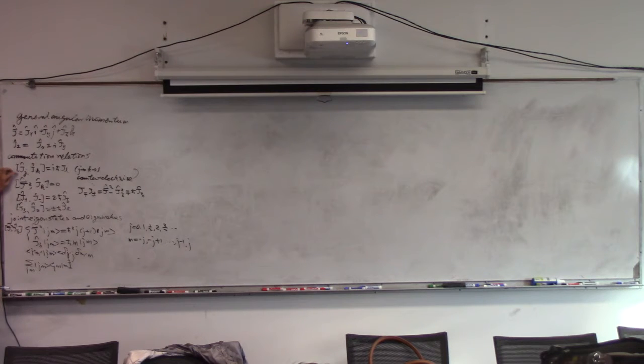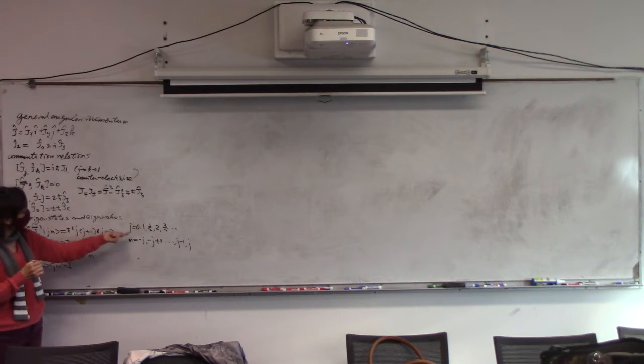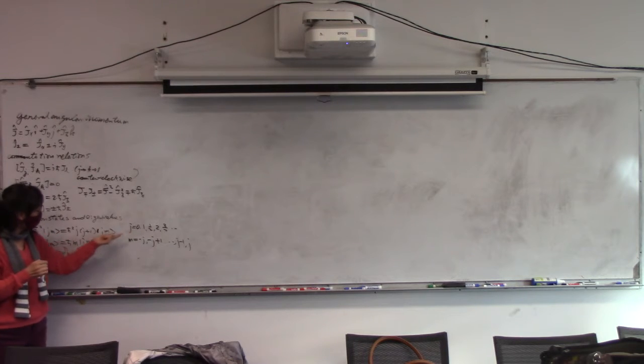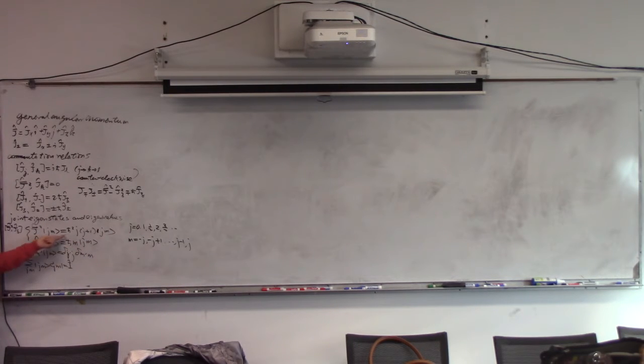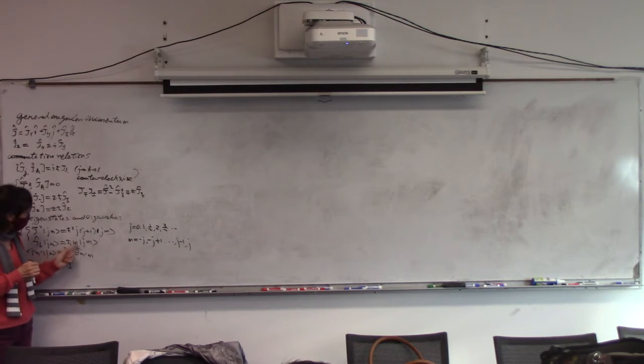Since the components of angular momentum do not commute with each other, we can only select two: either J squared with Jz, or J squared with Jx, or J squared with Jy. So we select this pair. Then we use J plus minus to obtain the allowed eigenvalue for J squared, which is controlled by the quantum number J, and the quantum number m characterizes the eigenvalue of Jz.